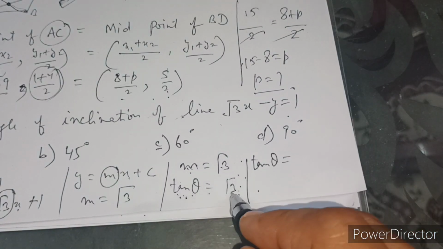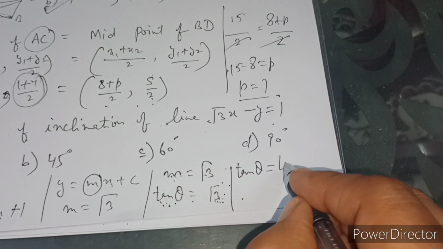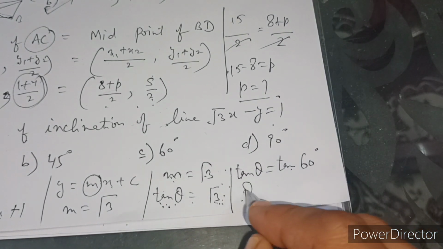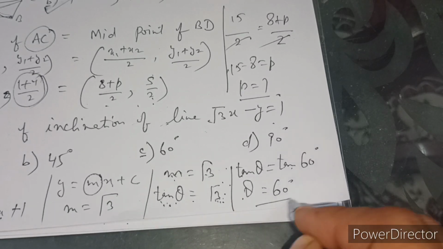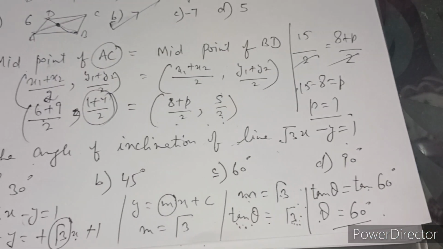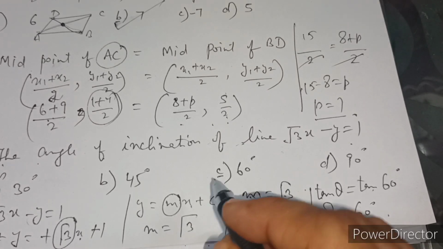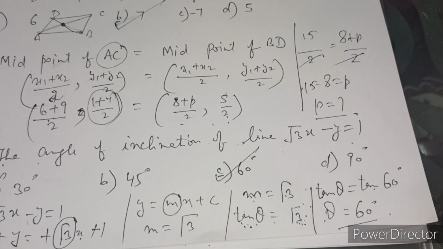We know for what angle the value of tan is root 3, and that is tan 60 degrees. Tan and tan cancel, we are left with theta is equal to 60 degrees. Theta is nothing but your angle of inclination. So the answer here is option C.